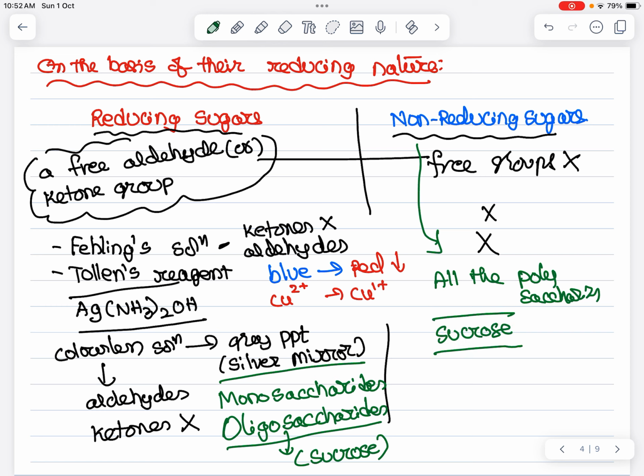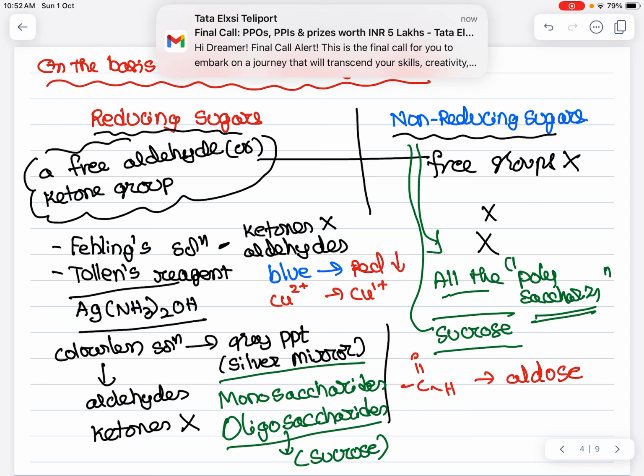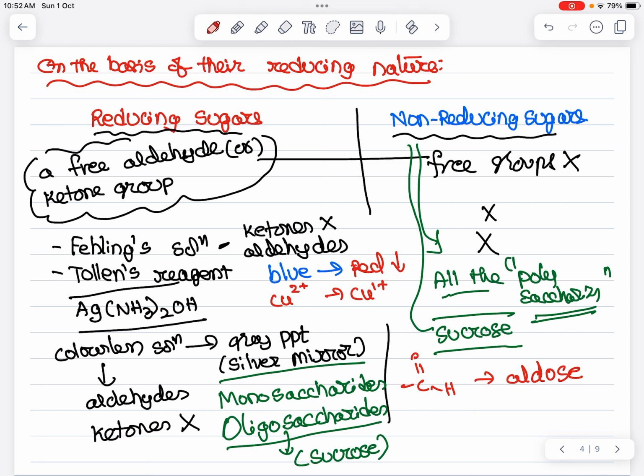Monosaccharides are further classified on the basis of carbon atoms and functional groups present in them. If a monosaccharide contains an aldehyde group, it is called aldose. If it contains a ketone group, it is called ketose.